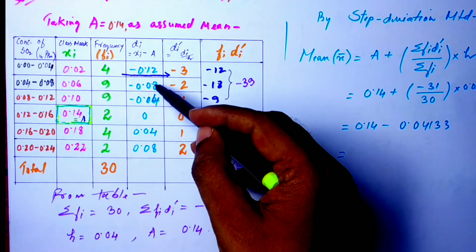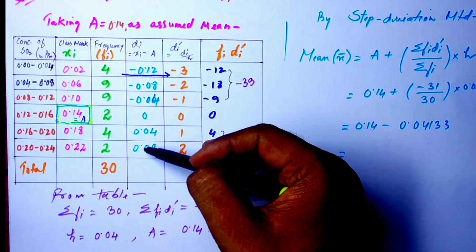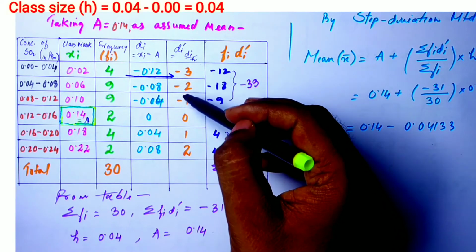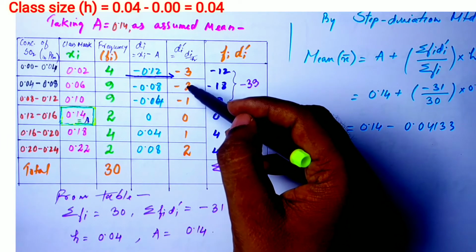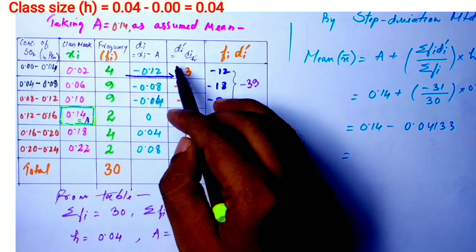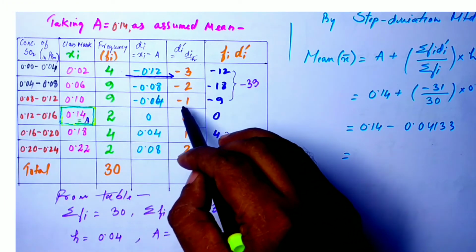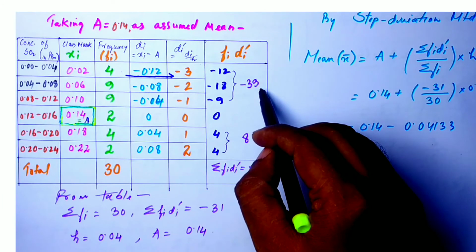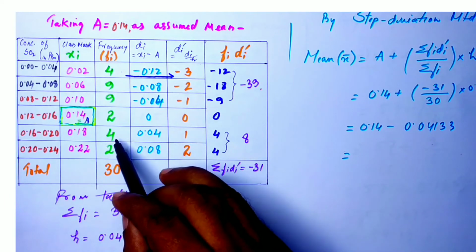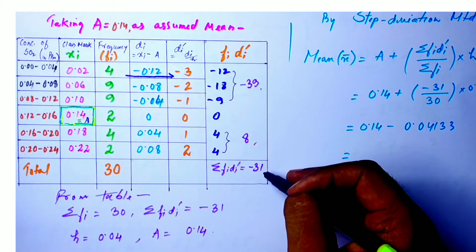When we divide these by 0.04, we get minus 3, minus 2, minus 1, 0, 1, 2, and multiply with fi to get fi di dash. 4 3s are minus 12, 9 into minus 2 is minus 18, 9 into minus 1 is minus 9, total is minus 39 here. And we multiply this: 2 into 0 is 0, 4 into 1 is 4, 2 2s are 4, the total is 8, and the sum of these two is minus 31.